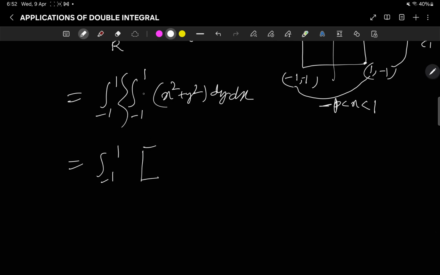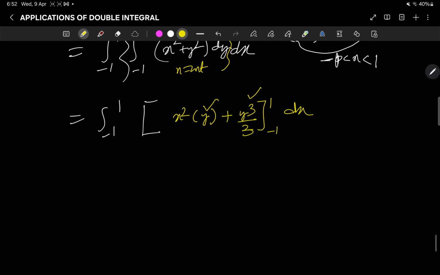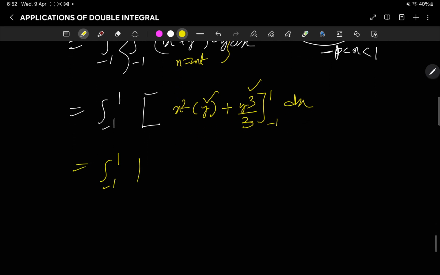Okay, and if you evaluate this inner integral, you treat x as constant here, so it is x squared y plus y cubed by 3, with the limit minus 1 to 1, dx. So in place of y we are substituting this, so this is equal to the integral from minus 1 to 1 of x squared times 2, plus 2 by 3, dx.